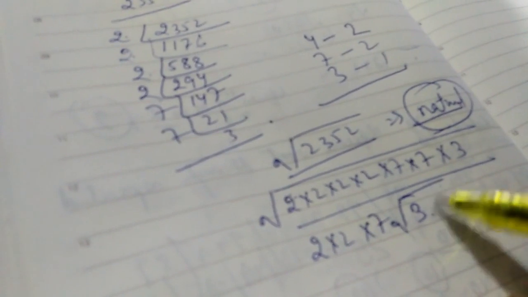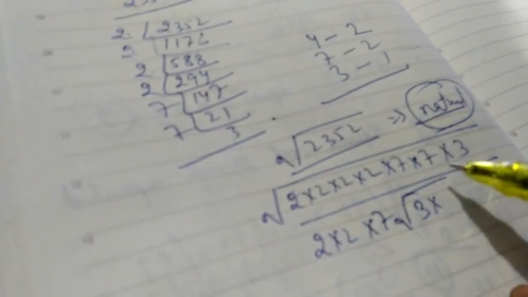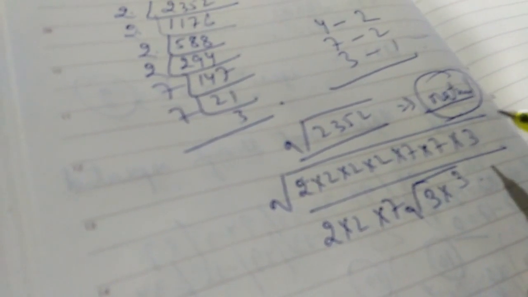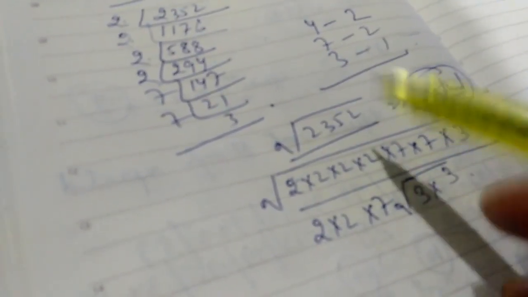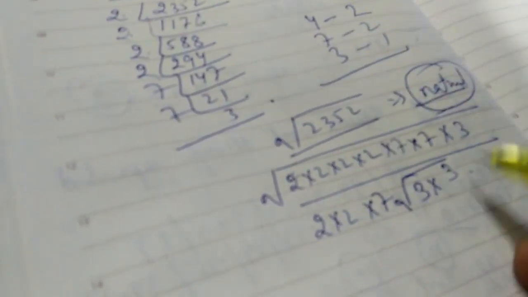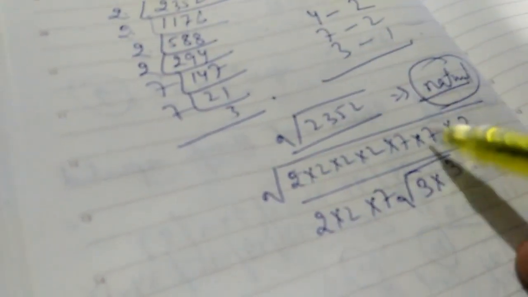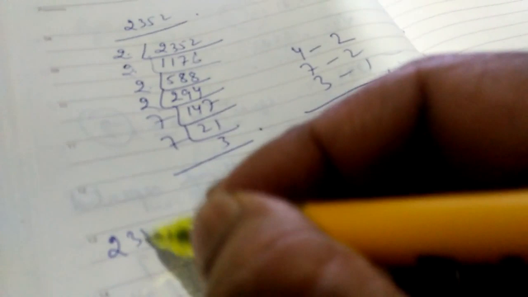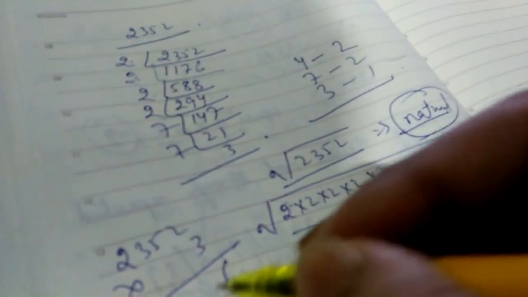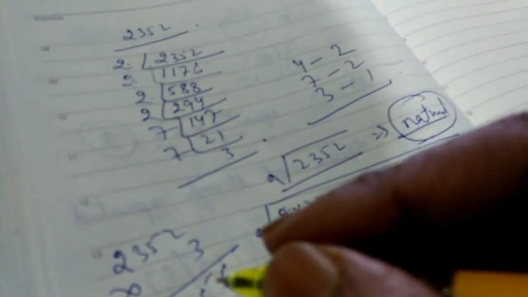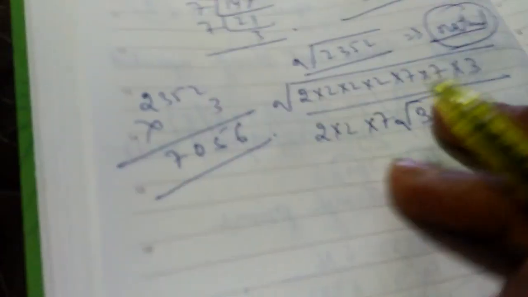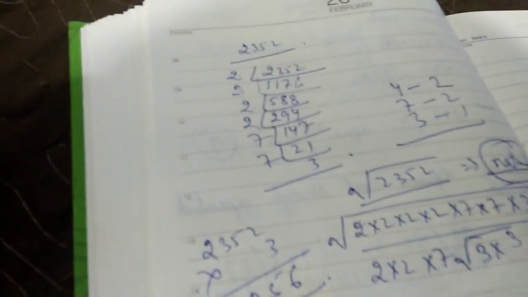However, if 3 is multiplied to 2352, we will get a perfect square. So 2352 into 3 is 7056, which is a perfect square, but 2352 is not.